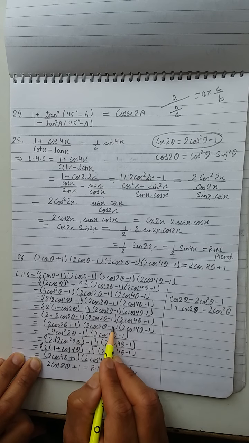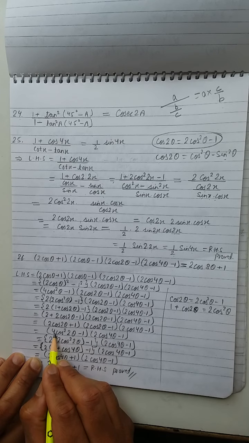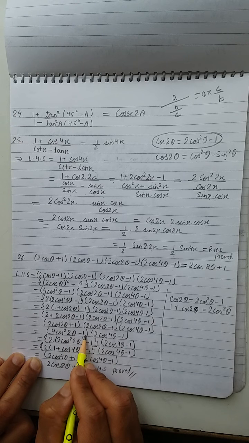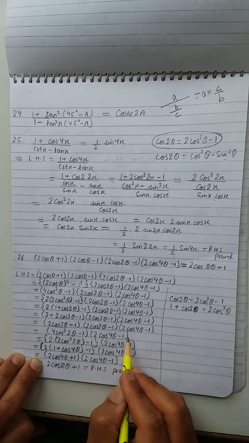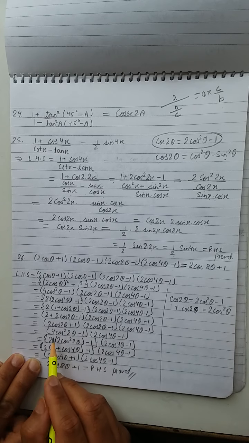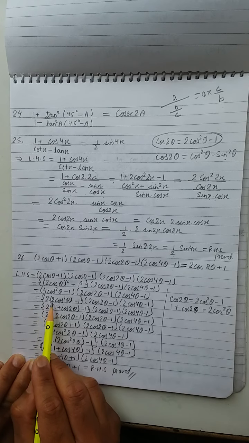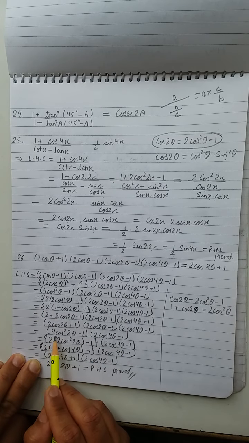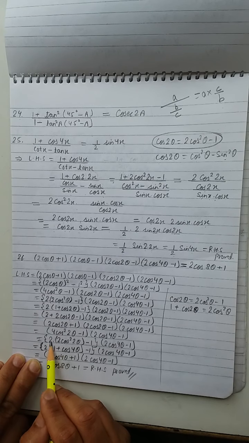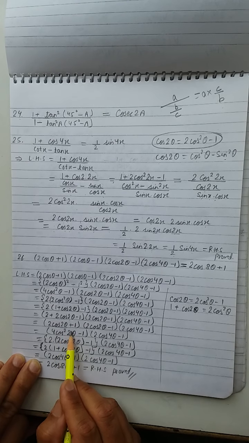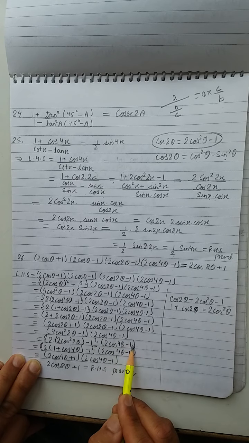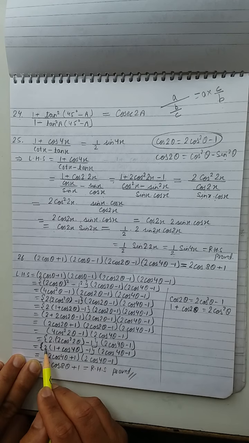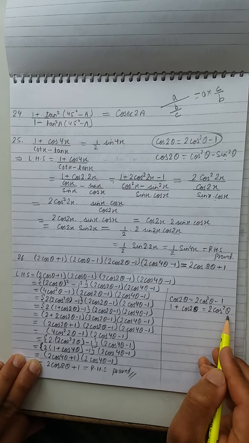So instead of these two expressions, I have written here 4 cos square 2 theta minus 1, which is a square minus b square, and the last expression is copied as it is. Okay, again similar concept used over here. This form is 2 into 2. This cos square 2 theta is copied as it is, minus 1 as it is, and the last expression is copied as it is. Again this 2 as it is, again using the similar concept.